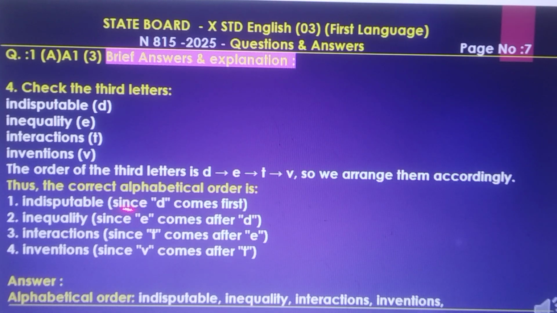Thus the correct alphabetical order is indisputable, since D comes first, and inequality, since E comes after D, and interactions, since F comes after E, and inventions, since V comes after F. So the answer in alphabetical order: indisputable, inequality, interactions, and inventions. Finally, that is the final answer.